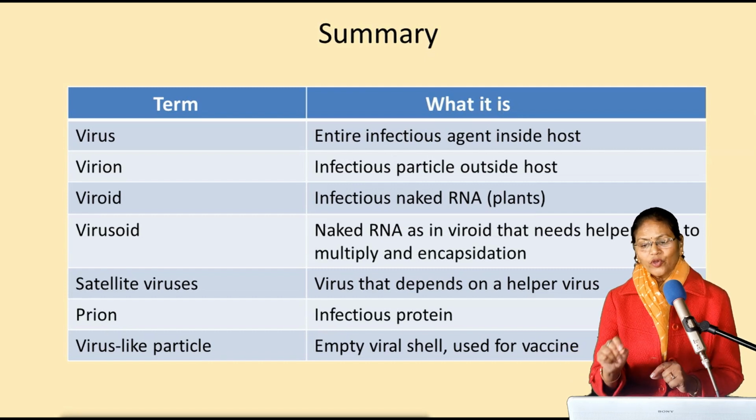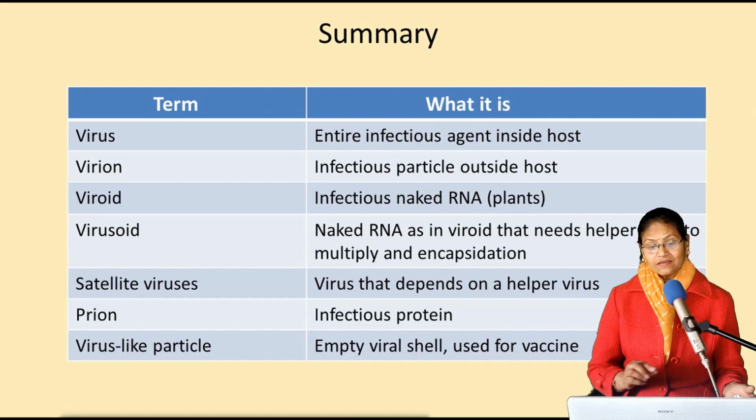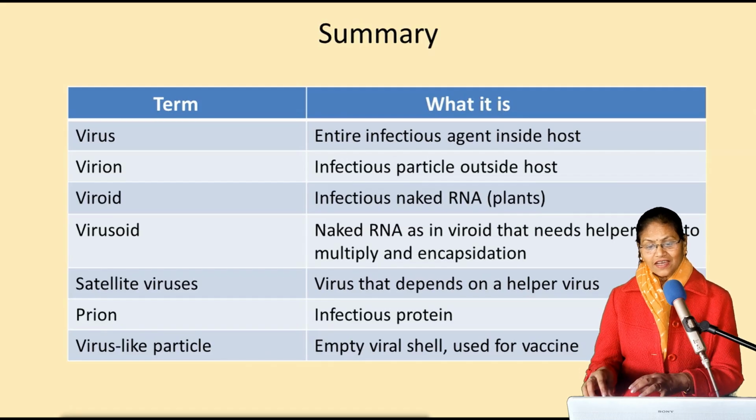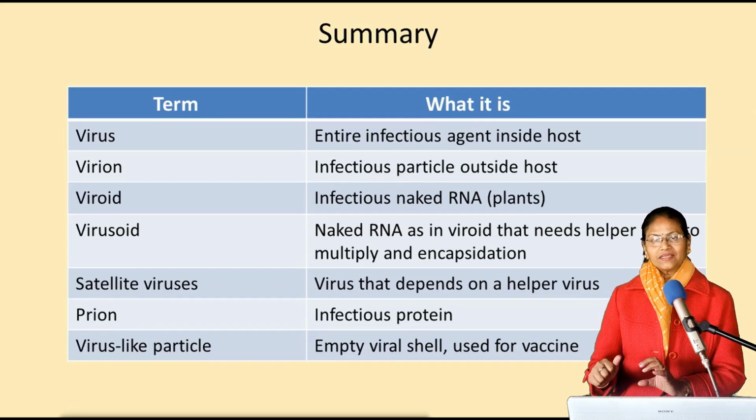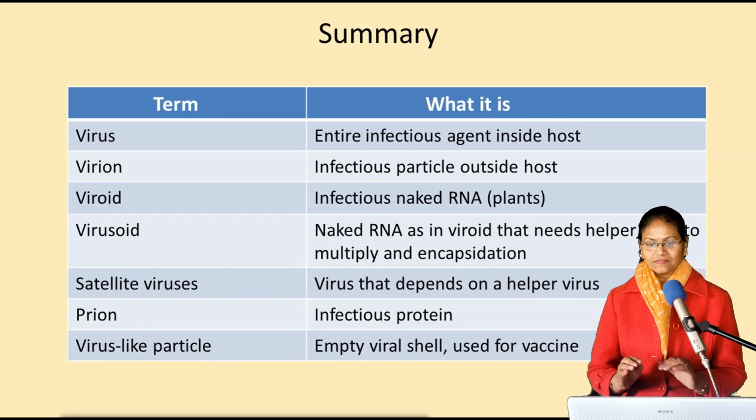The key point here is that it should be outside the host and in the dormant stage. Viroid is the infectious naked RNA. It is just naked RNA, but this naked RNA is very stable and it is taken up by plants and it can infect only plants.